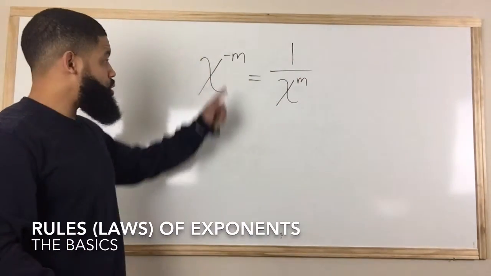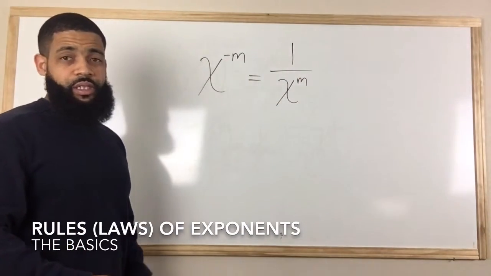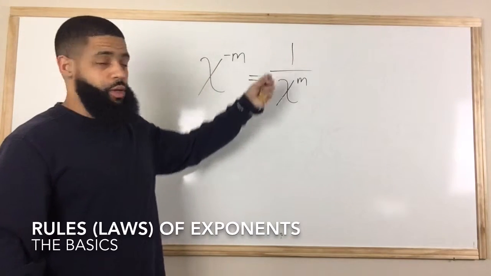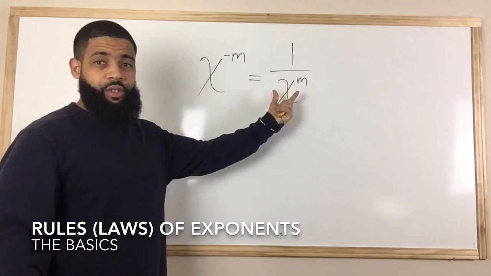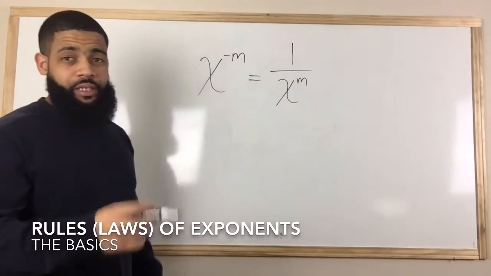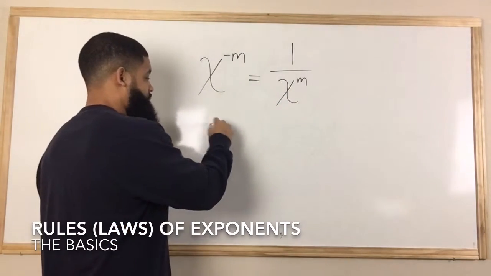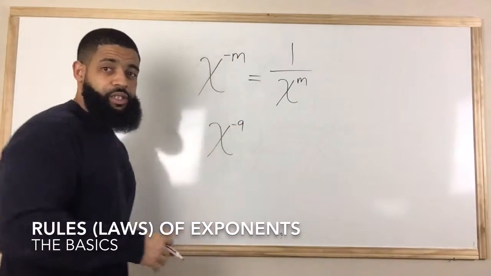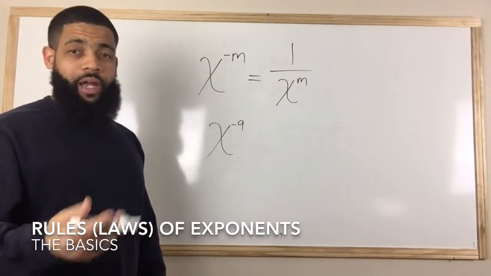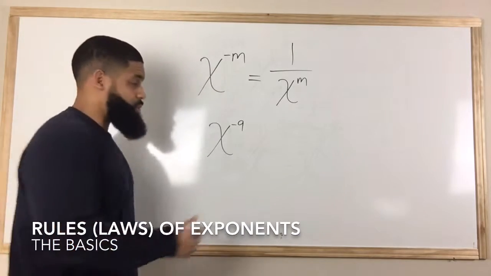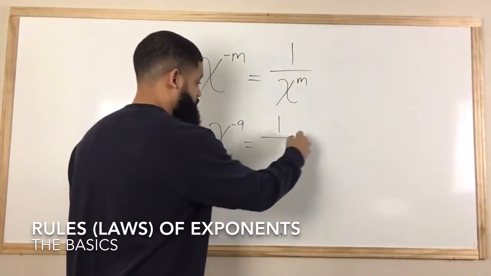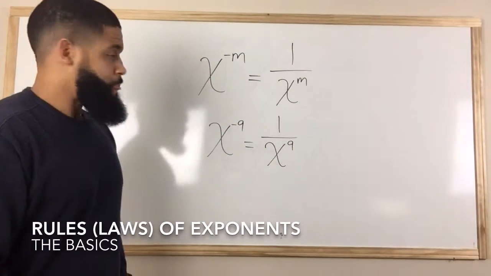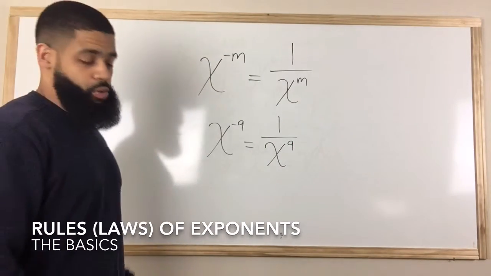So no matter what that negative exponent is, if I make it a fraction, put a 1 in the numerator, I can rewrite that term using positive exponents. So for example, if I have x to the negative 9th power, then typically the directions would say rewrite using positive exponents. Then I can simply just say 1 over x to the 9th power. Okay? So that's the negative exponent rule.